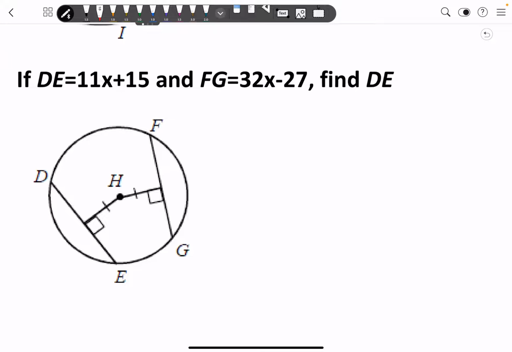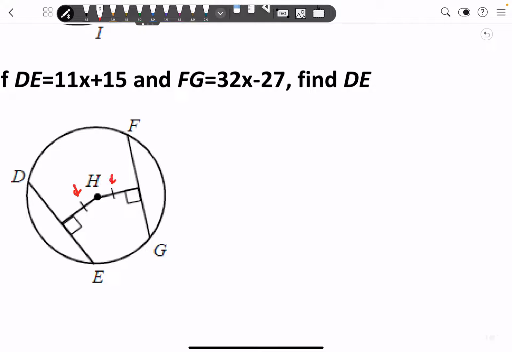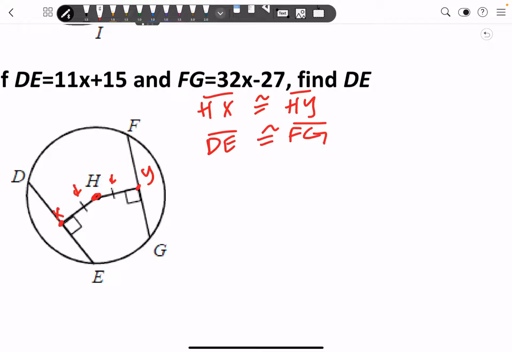Well, in order for us to do that, we have to notice that they are both equidistant from the center, meaning that since whatever these 2 points are, if we come up with XY, for example, since HX is congruent to HY, then we can also state that DE is congruent to FG, and therefore you can set them equal to each other, which gets us 11x plus 15 equals 32x minus 27.